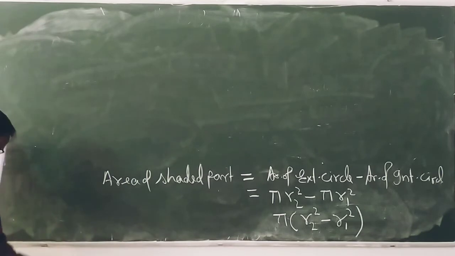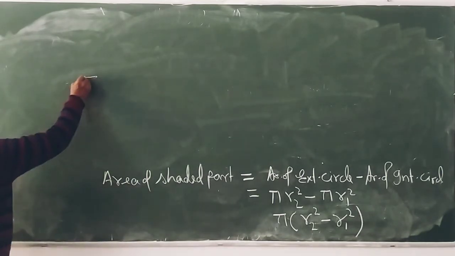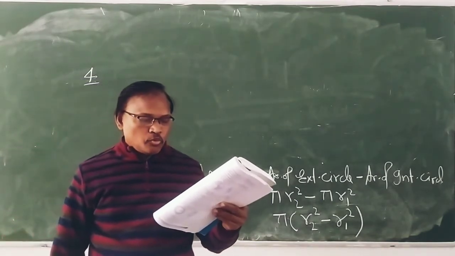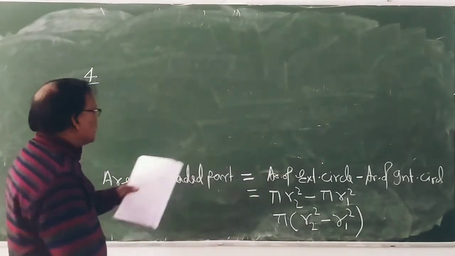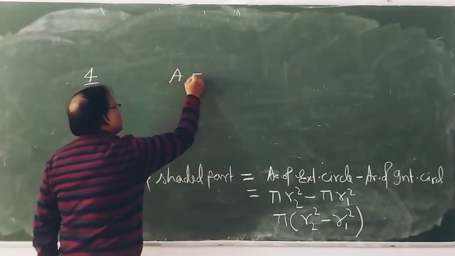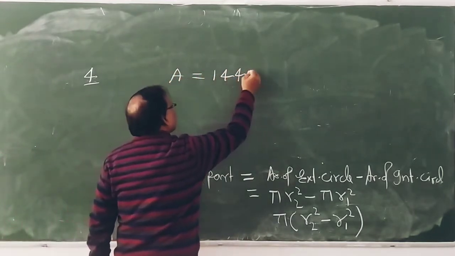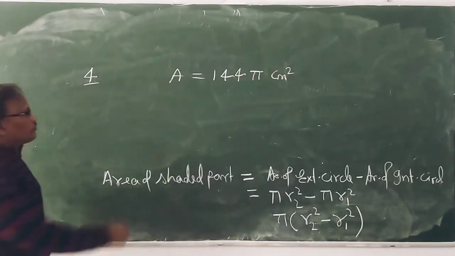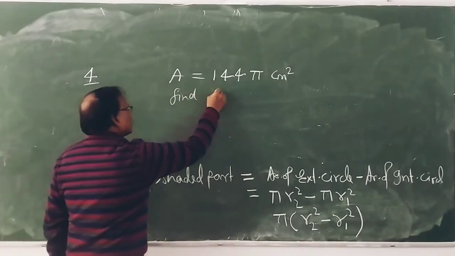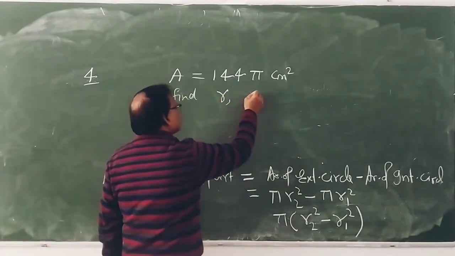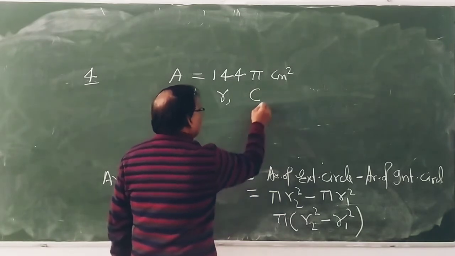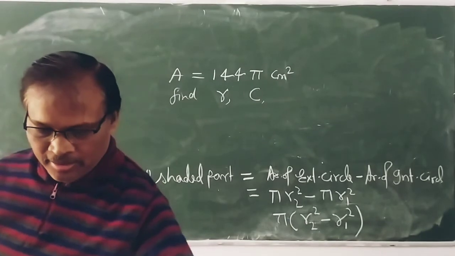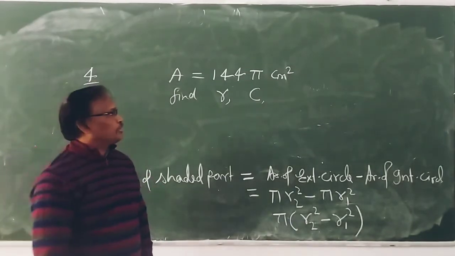Question number 4: Find the radius and circumference of a circle whose area is 144 pi centimeter square. The area of the circle is given. You have to find the radius and circumference. Circumference is denoted by C.